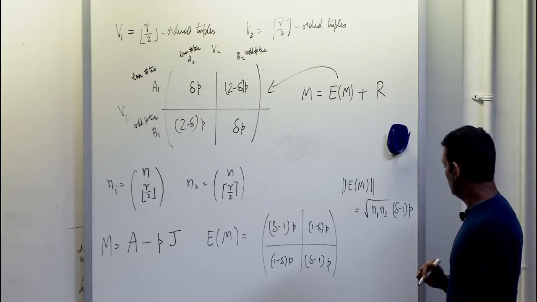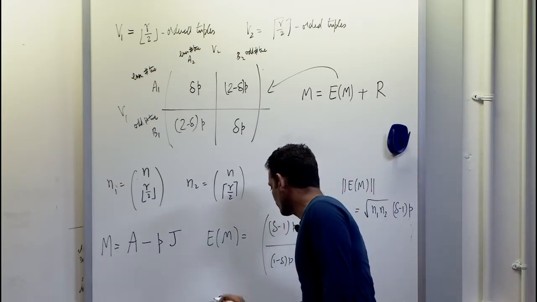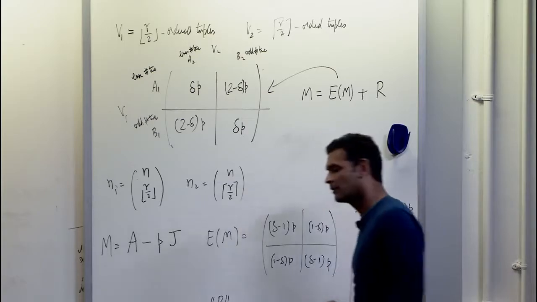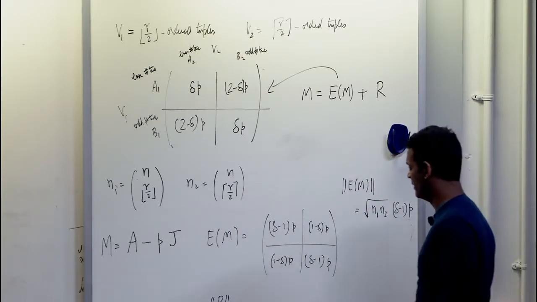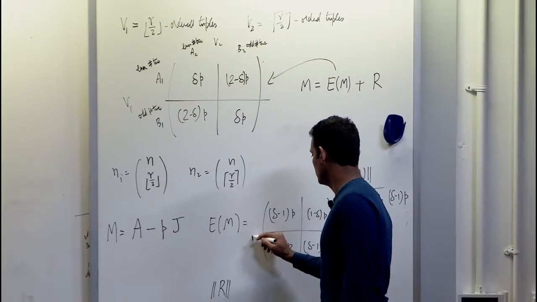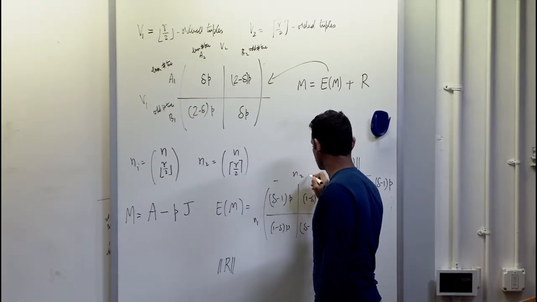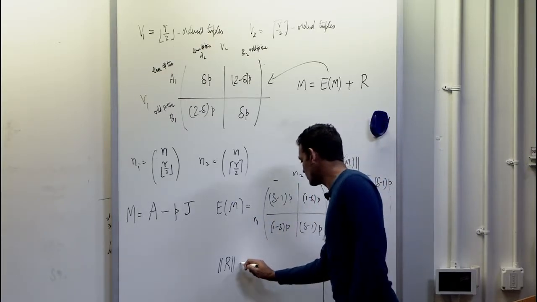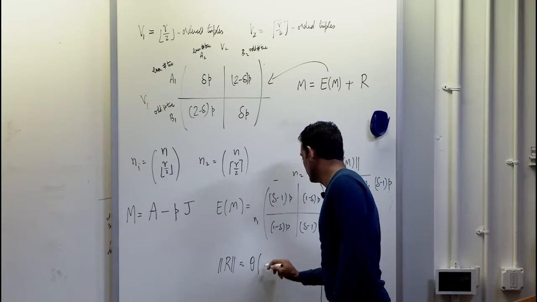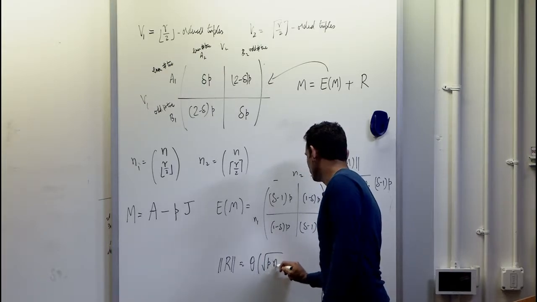Now what about the random part? What's the 2 norm of the random part? You see, the random part has norm that depends on the bigger side of the matrix. If it's n1 by n2, it depends on the bigger side of the matrix, and it has norm basically square root p n2.